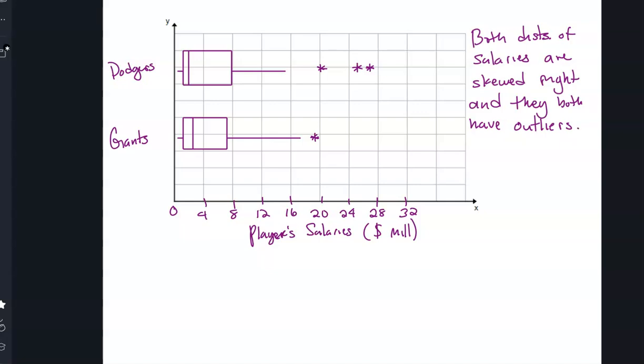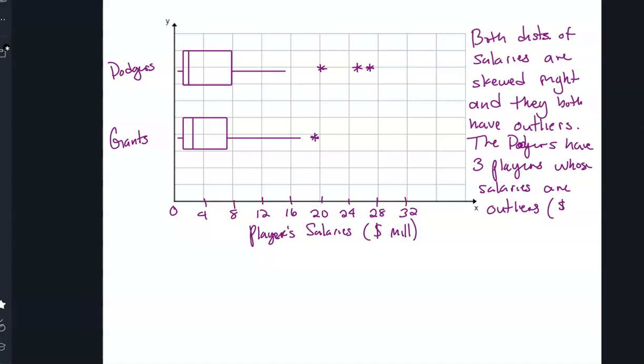Now we do need to list the approximate values of the outliers and the fact that the Dodgers have 3 and the Giants only have 1. The Dodgers have 3 players whose salaries are outliers, and that is at 20 million, 25 million, and 27 million.